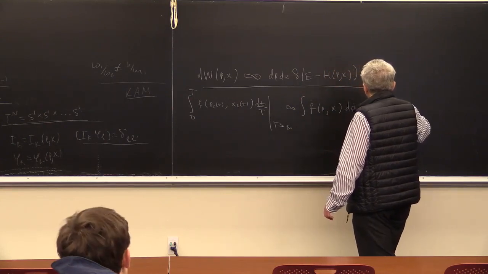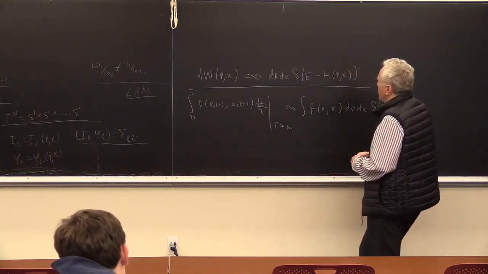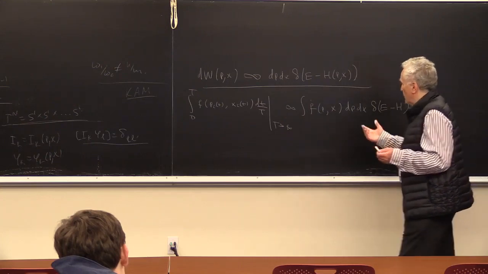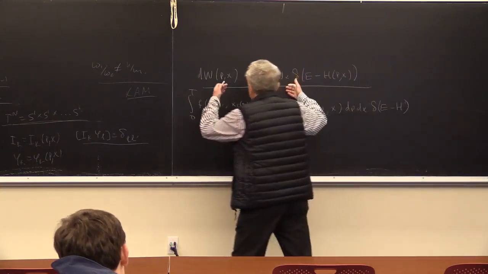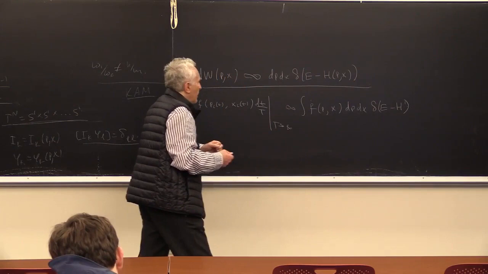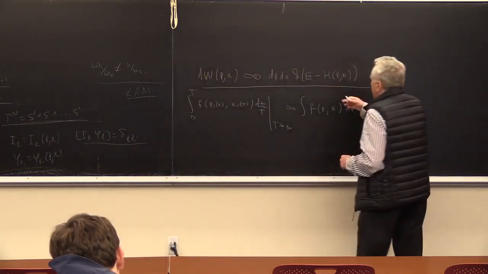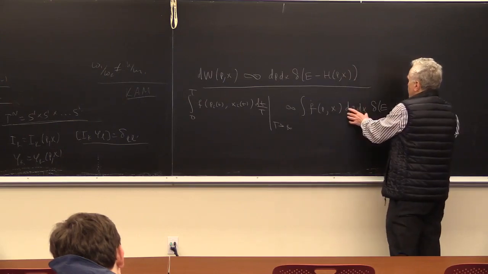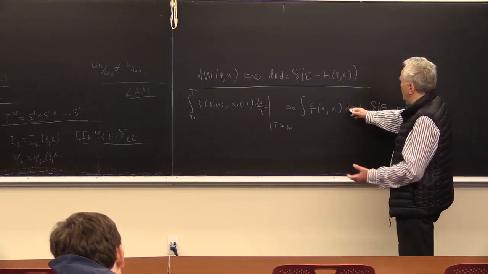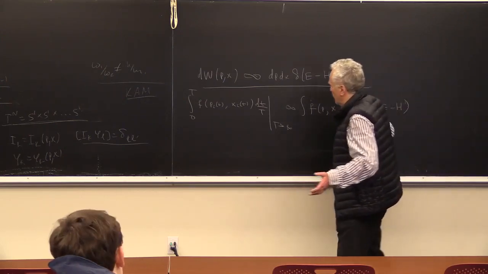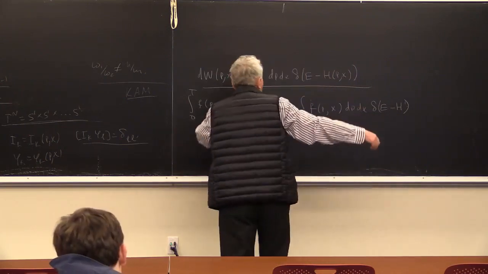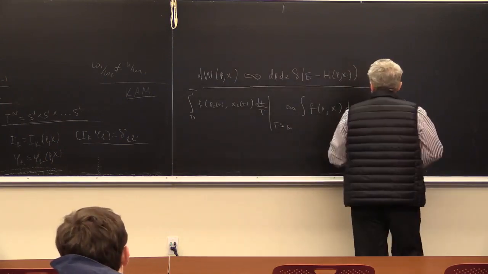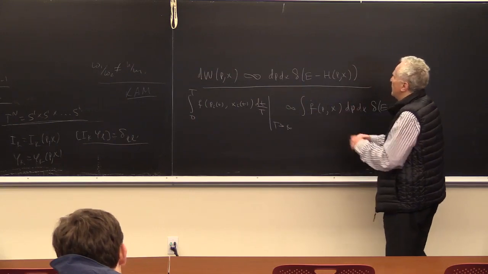When I say proportional, we have to introduce also a normalization. This probability is not normalized. Basically, it tells you that the probability to find the system at the point is just the volume of the corresponding domain.